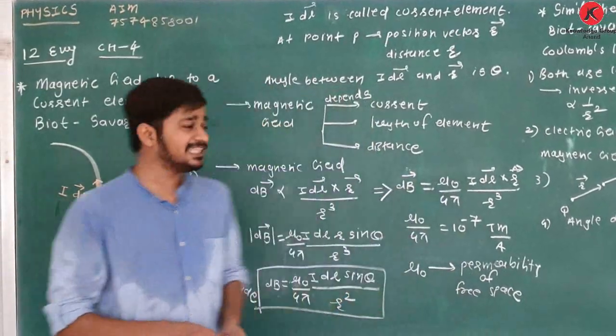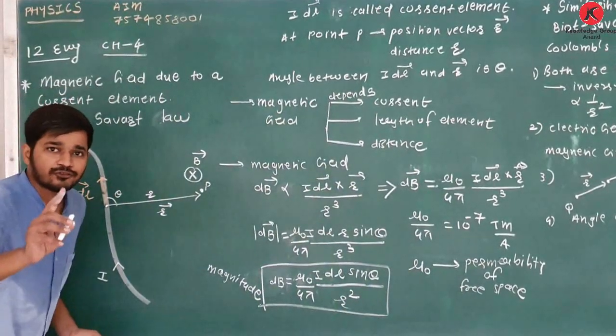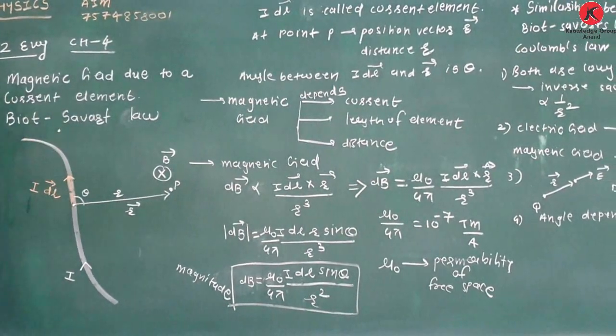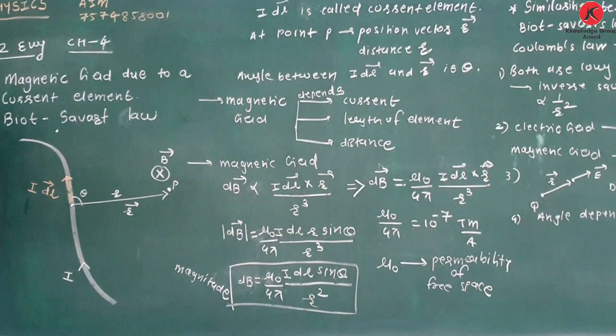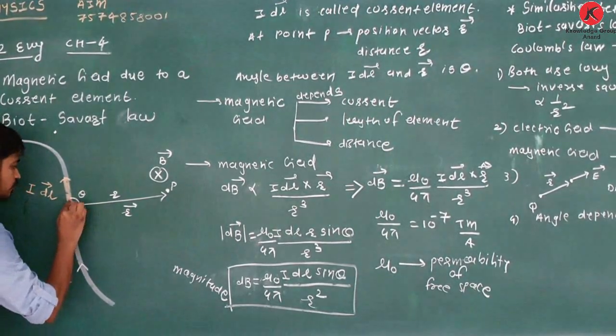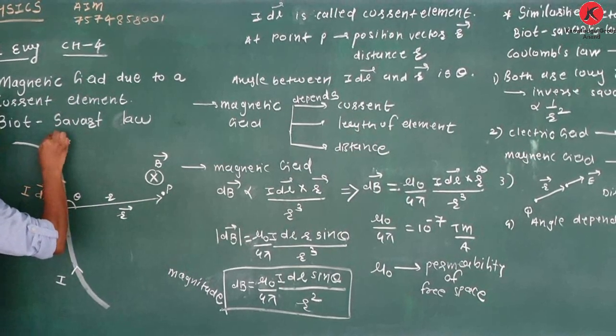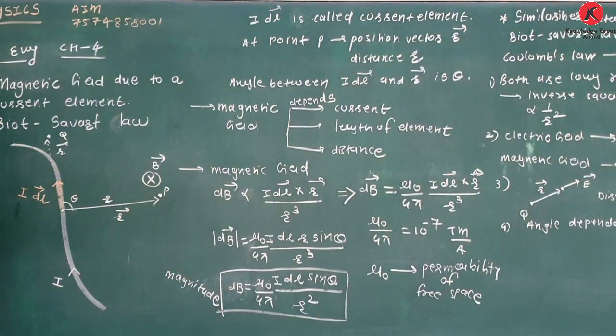Suppose, see here in this case, if I want to find magnetic field at this point, then what happens? You have to draw the position vector. From this point, if I draw the position vector in this direction, let it be point 2, then from this current element, I dl and r are in the same direction.